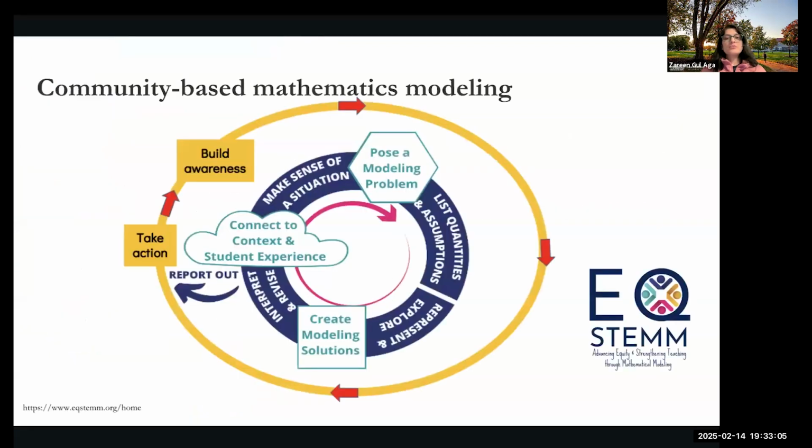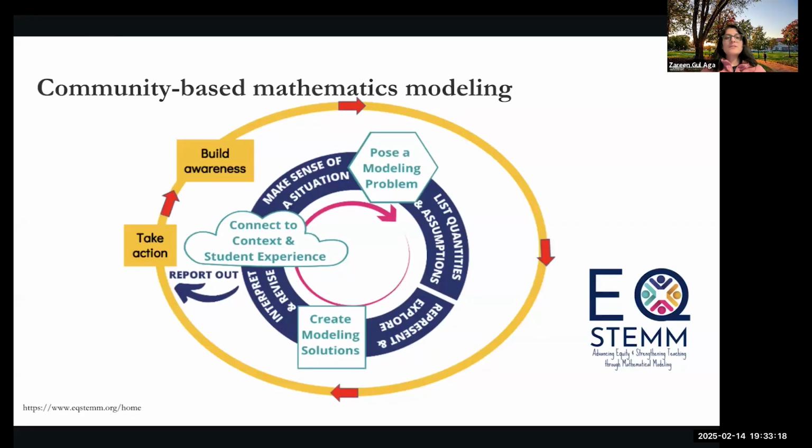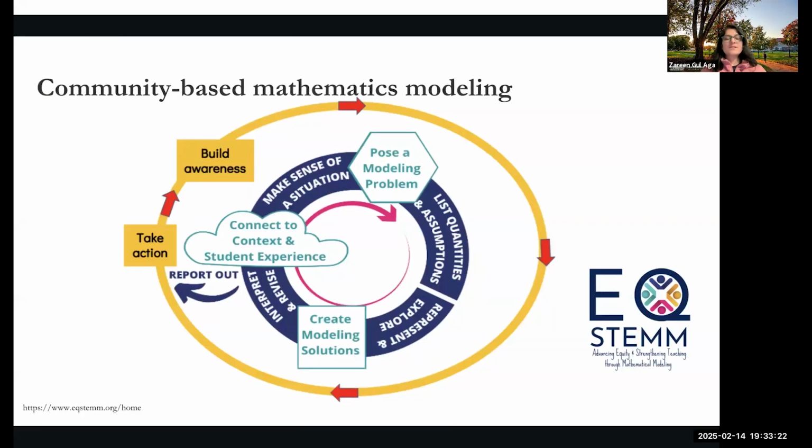If you look at these two cycles here, the cycle inside is the math modeling cycle, where students pose a math problem, and then try to use mathematics to answer that question, check the feasibility of that solution, and then go through that process.